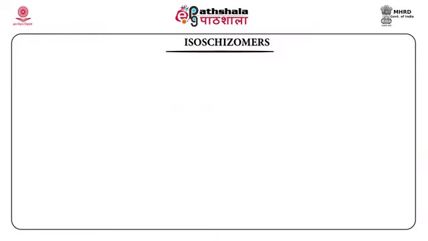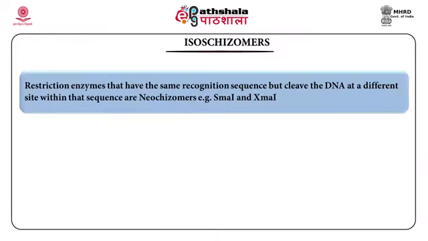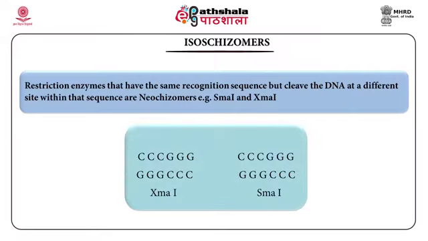The definition of neoisoschizomers: restriction enzymes that have the same recognition sequence but cleave the DNA at a different site within that sequence are called neoisoschizomers. And the best example is SmaI and XmaI. XmaI is a 6-cutter restriction enzyme, while SmaI is also a 6-cutter restriction enzyme, but XmaI cuts in a 5' overhang fashion, that is, a sticky end, while the same sequence cut by SmaI will give you a blunt end.